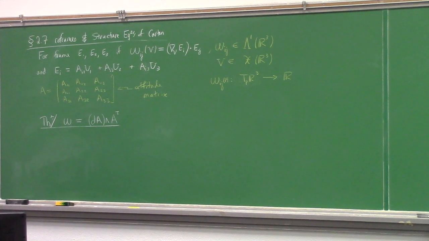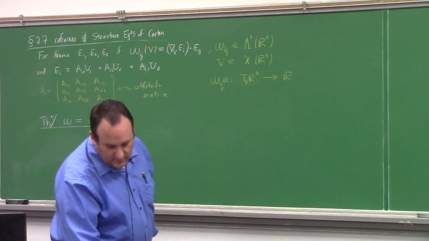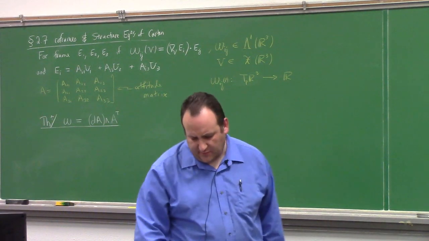And then you go on to prove that, using the covariant derivative. You set Ei equal to Ai1 U1 all the way up to E3. And then you define omega ij of B is equal to the covariant derivative of B acting upon Ei dot Ej for every B in the vector space of R3. Right, right.